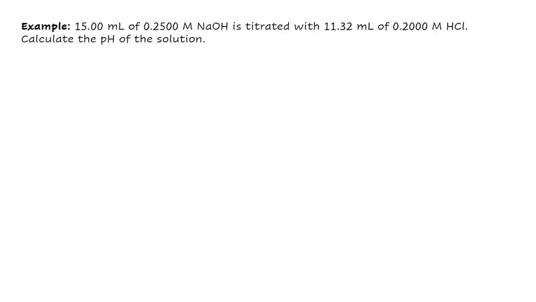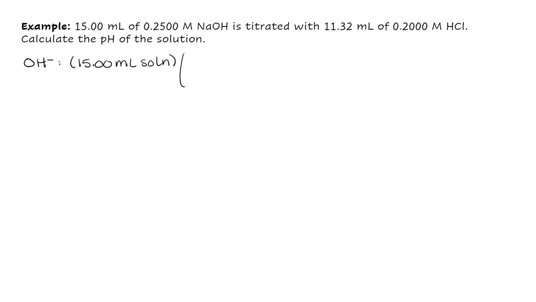In our example, our HCl titrant is greater than 0 milliliters, so we know that we need to set up a millimole table. So the first thing we have to do is calculate the millimoles of our hydroxide and our H+. So starting with the hydroxide, we have 15 milliliters of solution.